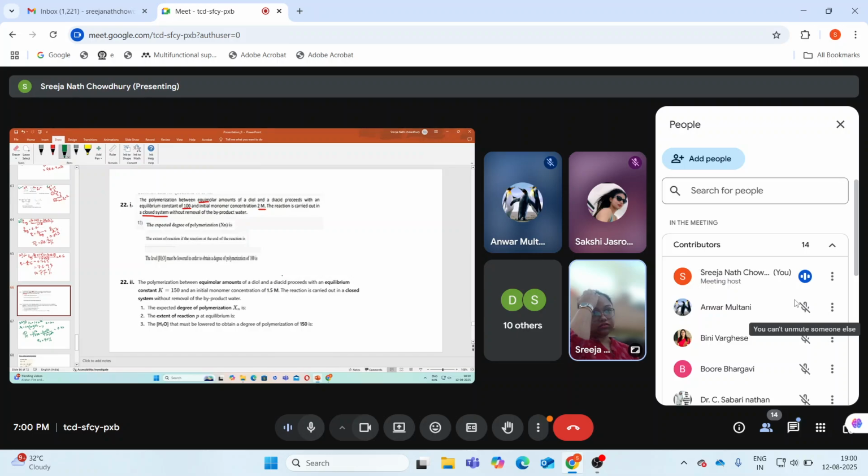That is 100 into 2 divided by 100, so 100 minus 1 is H2O.